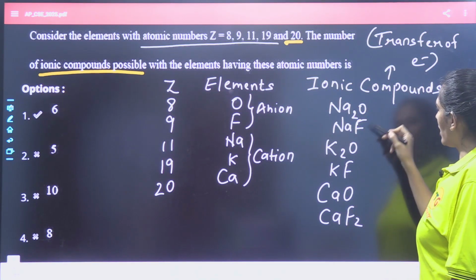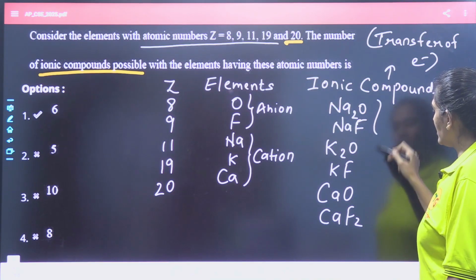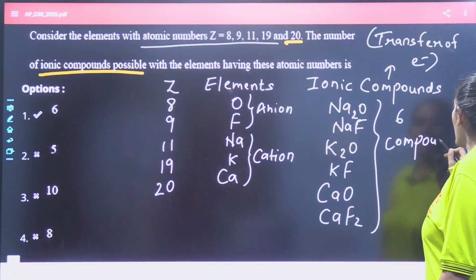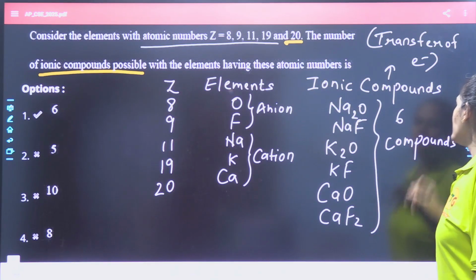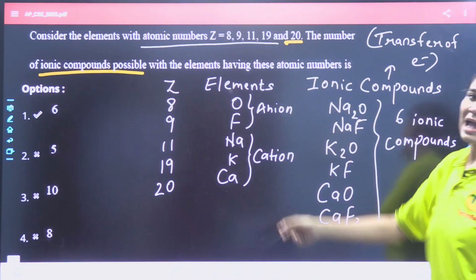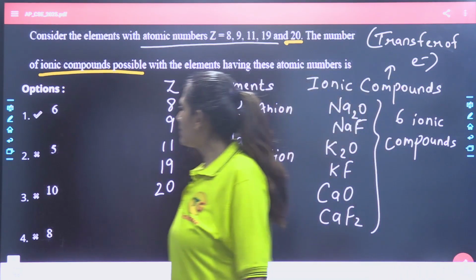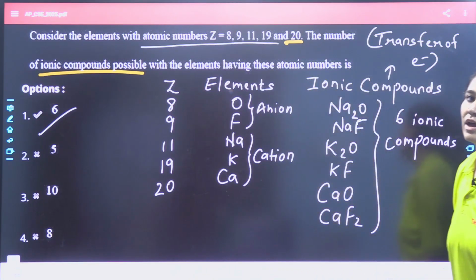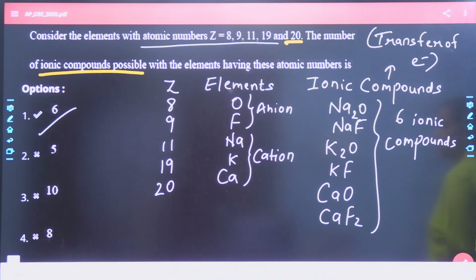So how many? 1, 2, 3, 4, 5, 6. Total 6 ionic compounds are possible with these elements. This is option number 1, 6. Clear? Have a look.